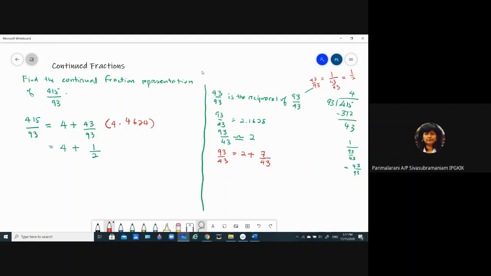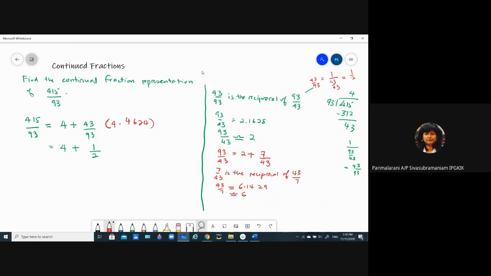But 7 over 43 is the reciprocal of 43 over 7, which is equal to 6.1429, approximately 6.